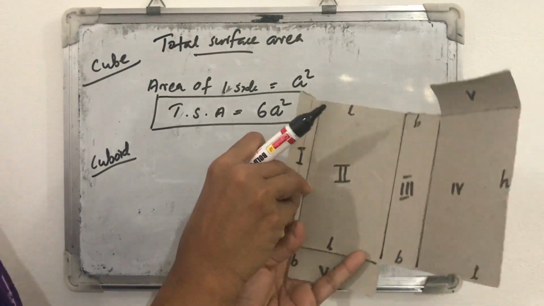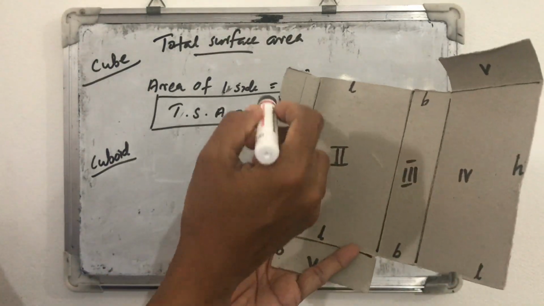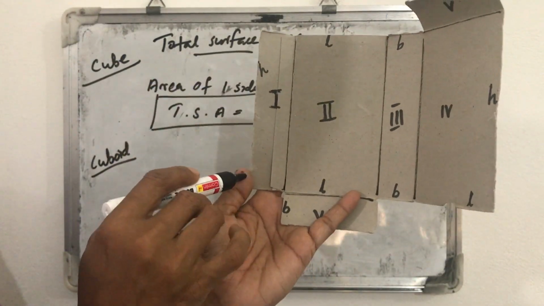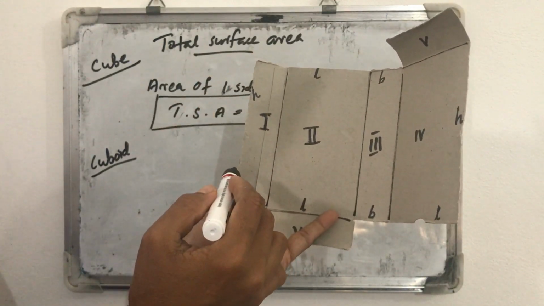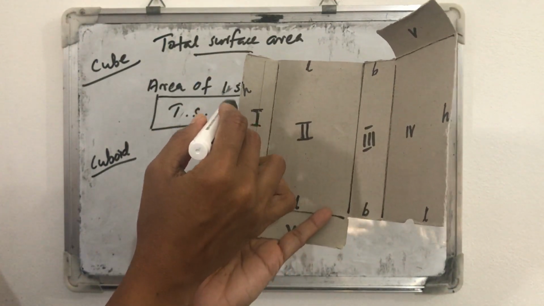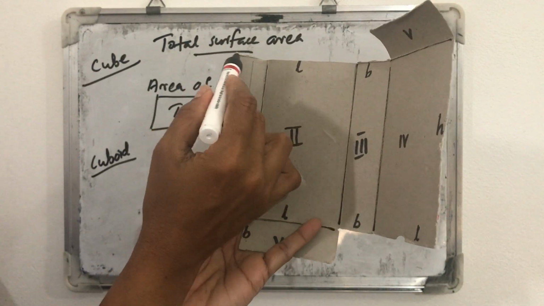So the same lengths we can take here for finding all areas. First, when we consider the area of the first rectangle, what do we consider this part? This is the height of the cuboid, so it is h. H into what is this length?